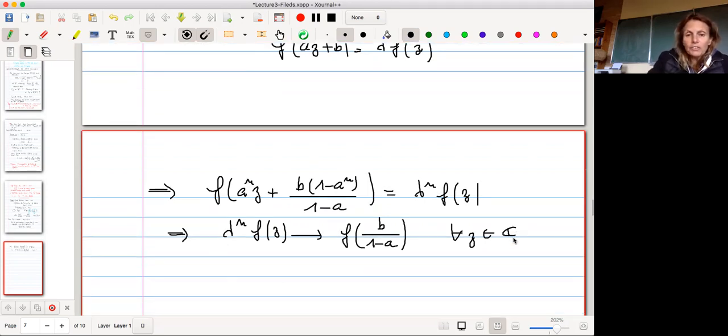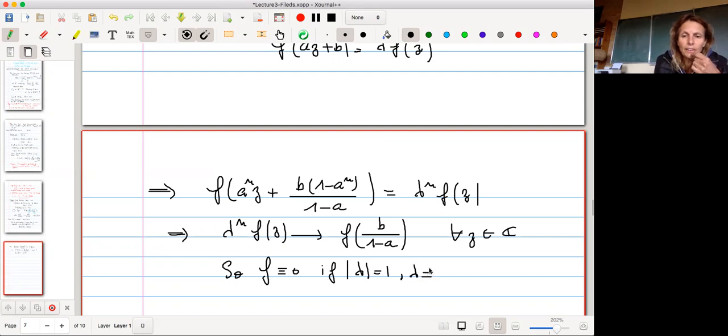And it follows that f must be 0 if the modulus of lambda is equal to 1 and lambda is different from 1.